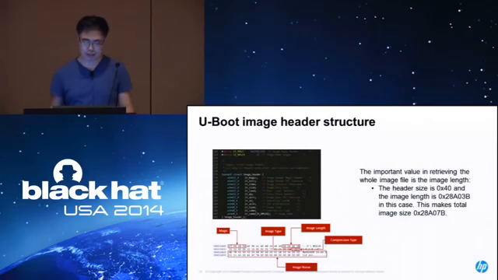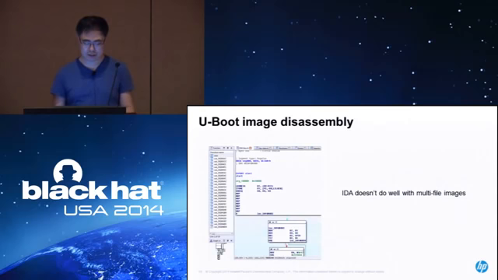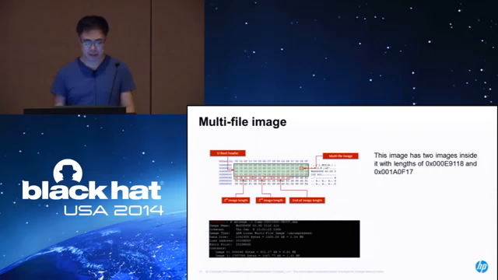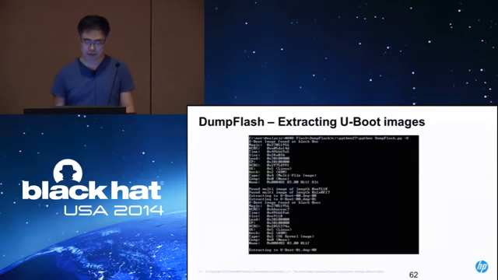And for the U-Boot images, these are the actual payload for U-Boot, and they have their headers, and you can just load it from IDA directly. But IDA doesn't support multi-file images that well. So in that case, you can use my tool, -u.